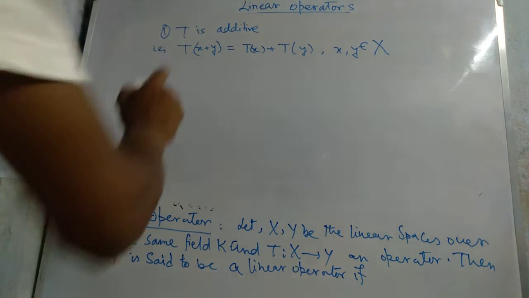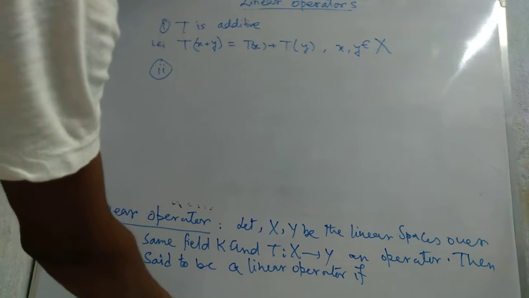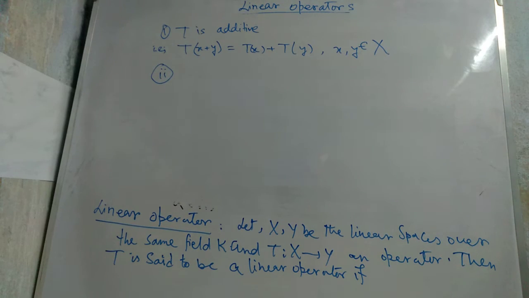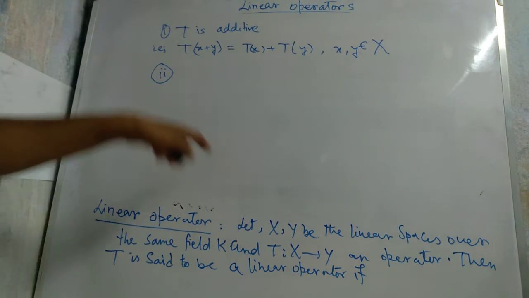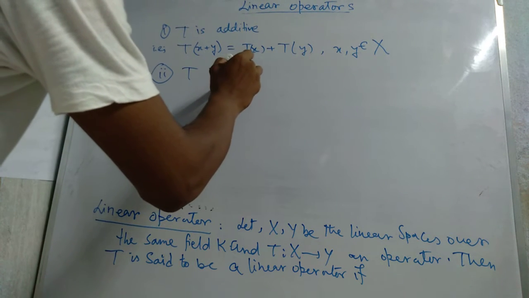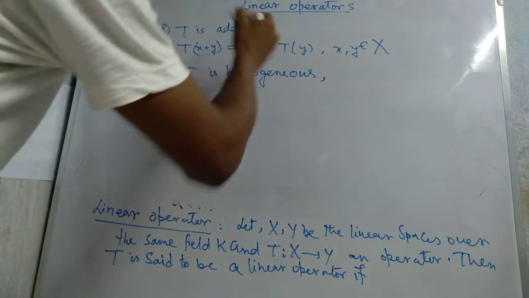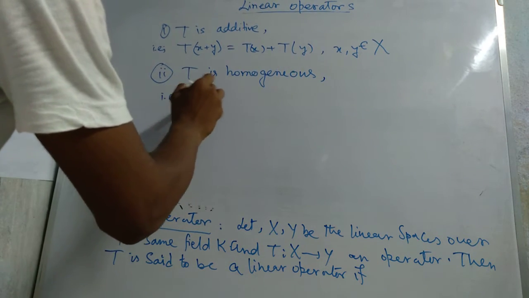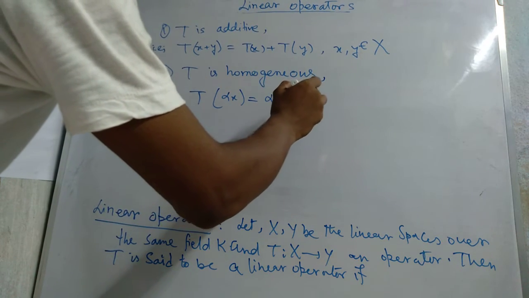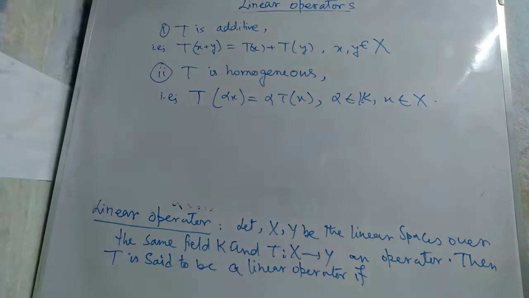Next, the second property, the easiest and simplest one: T is homogeneous. T is homogeneous means T of alpha x equals alpha times T x, where alpha belongs to K and x belongs to X. Understand?